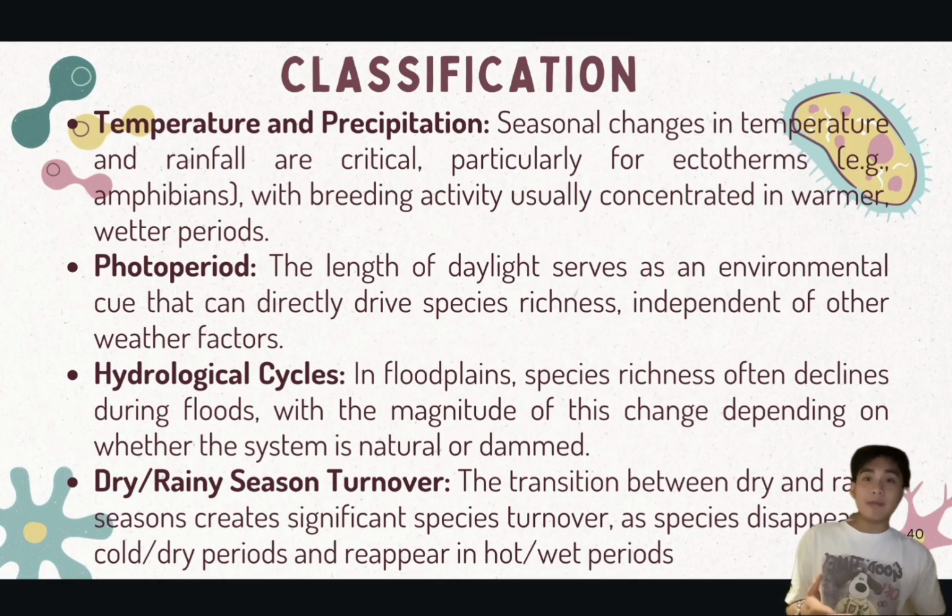For the third classification is the hydrological cycles. In floodplains, species richness often declines during floods, with the magnitude of this change depending on whether the system is natural or dammed. So, dito naman is, inaano niya lang kung how water moves.